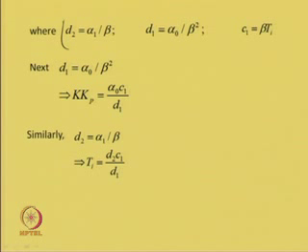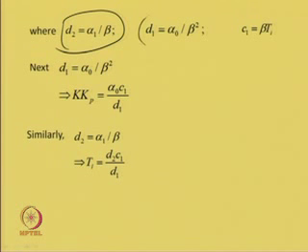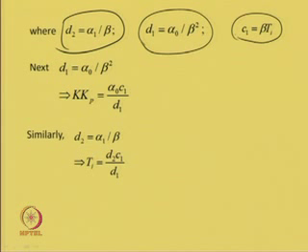Now, if you look carefully, d2 can be written as α1 upon β, and d1 is equal to α0 upon β², and C1 is equal to β Ti.